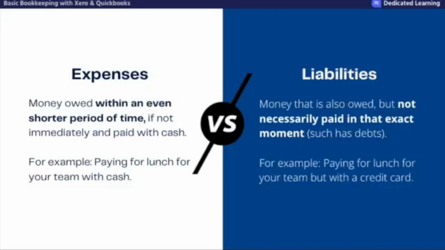Well, an expense is usually something that is paid within an even shorter period of time, if not immediately. So, for example, you're taking your team out to lunch and you pay the bill then and there. Therefore, that is regarded as an expense. However, if you buy something on credit, that would be considered a liability because you aren't physically paying it there. So keep these distinctions in mind.